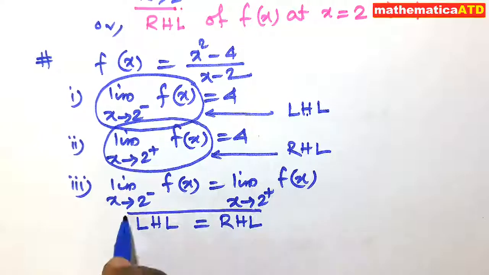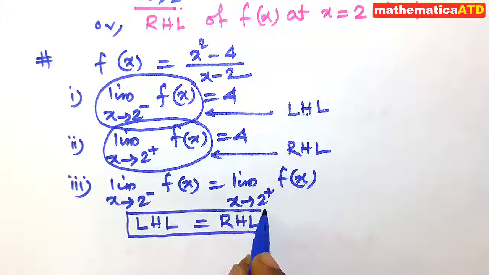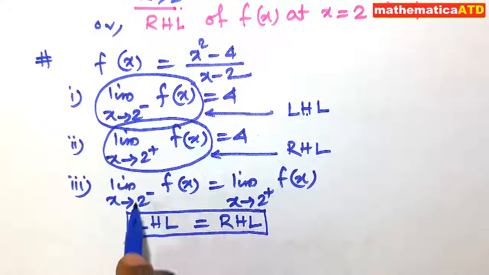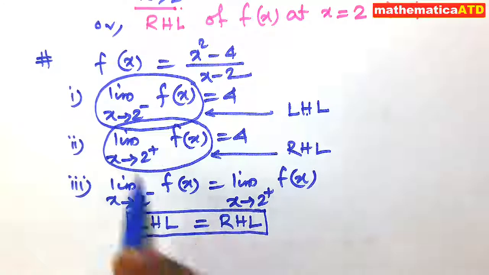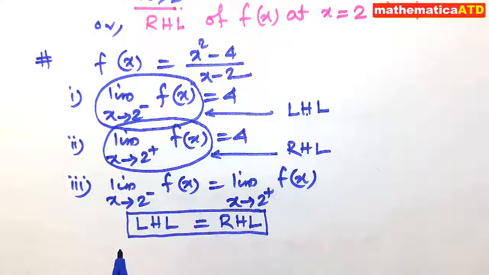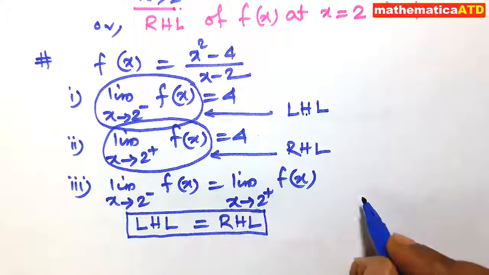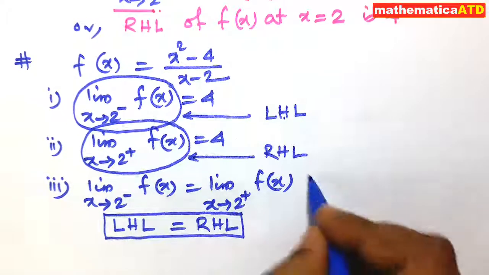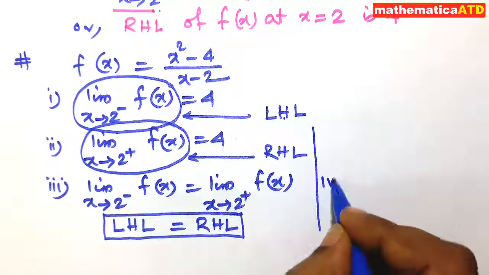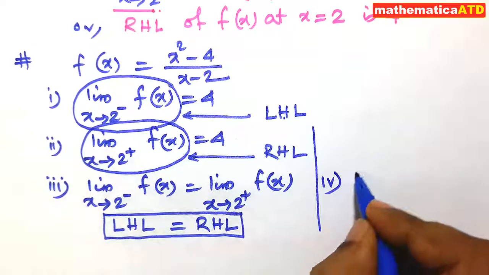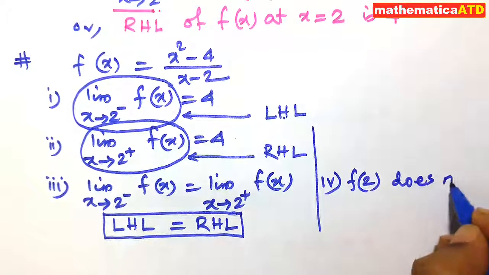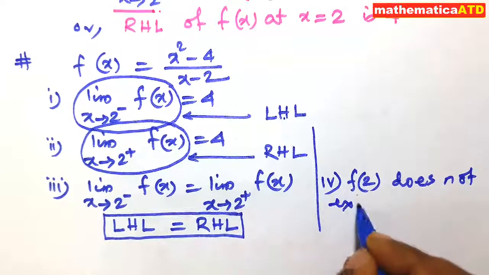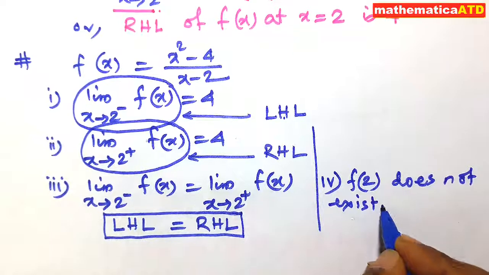So in the third conclusion we find that LHL is equal to RHL. When LHL is equal to RHL, then we say that the limit of the function exists at the given point. Here the point is 2. The limit exists at the given particular value. Also, one thing is very important, we can conclude as a fourth point: f(2) does not exist.